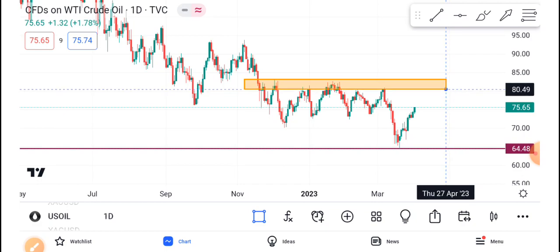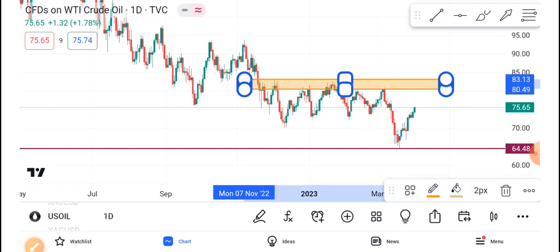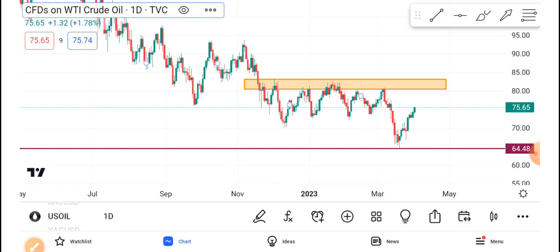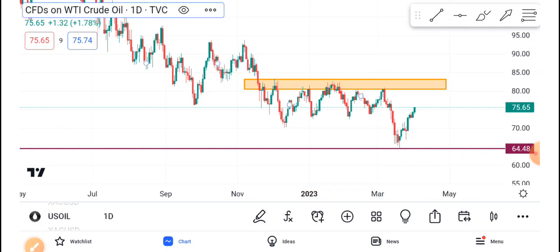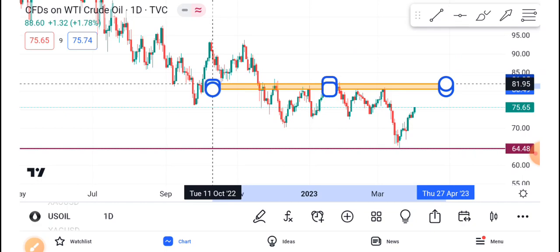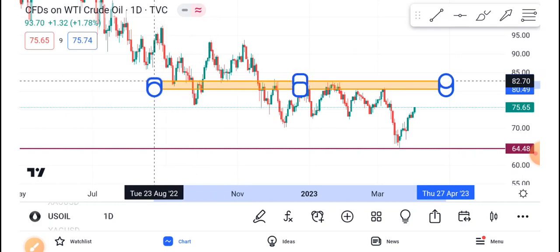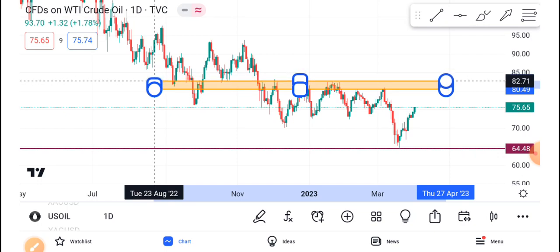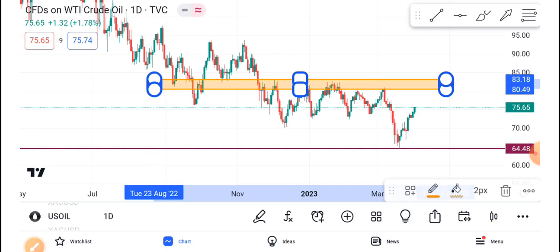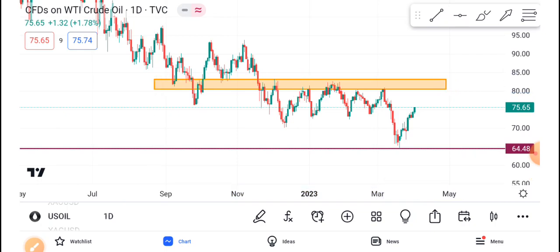Also, if I bring it to the left, you can see how important this level is. Price is reacting at this level multiple times in the daily time frame.